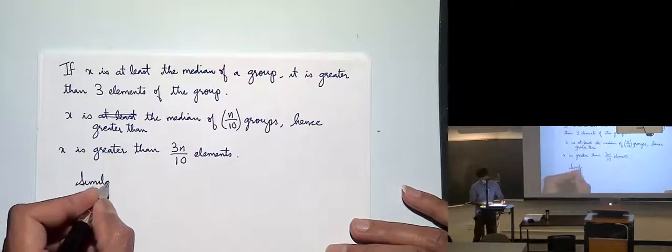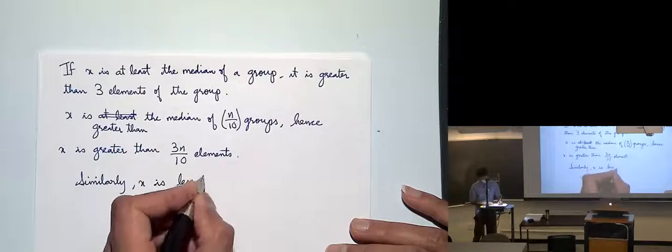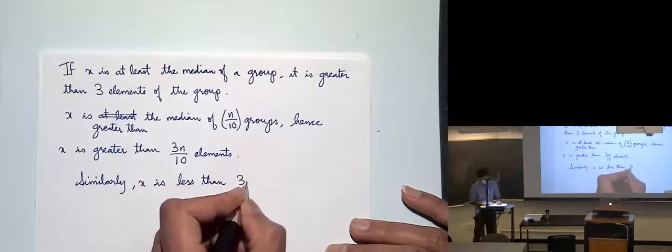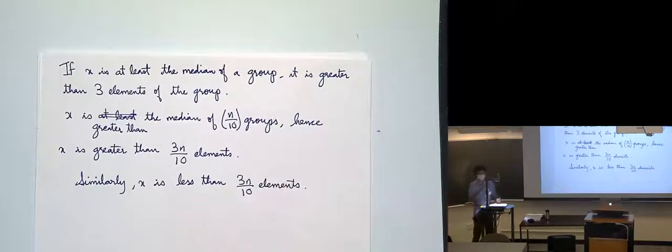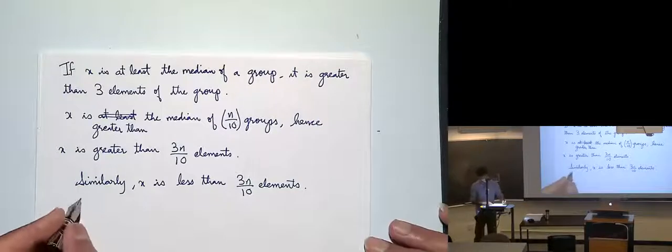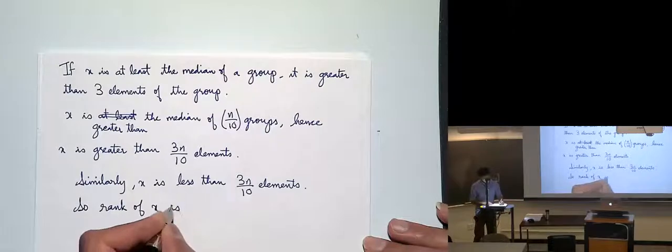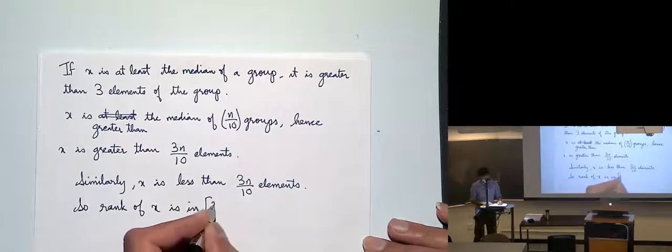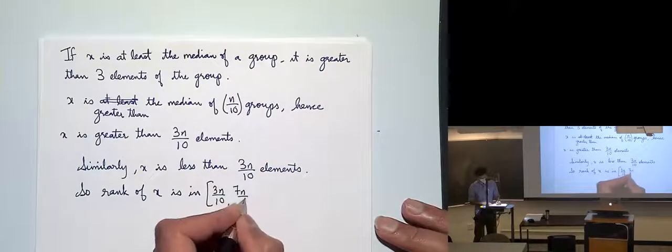Similarly, x is less than 3n over 10 elements. Same argument, right? You just reverse greater than and less than, because it's the median, all the arguments will check out. So the rank of x is between 3n over 10 and n minus 3n over 10, which is 7n over 10.